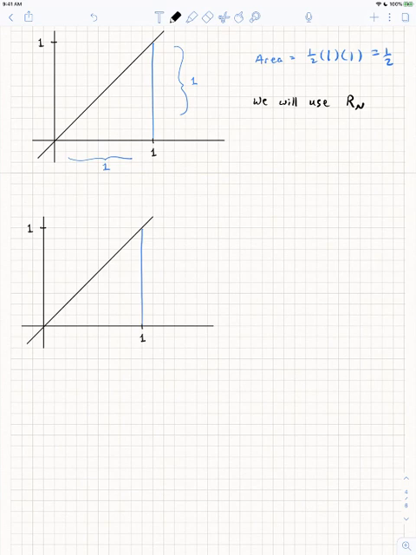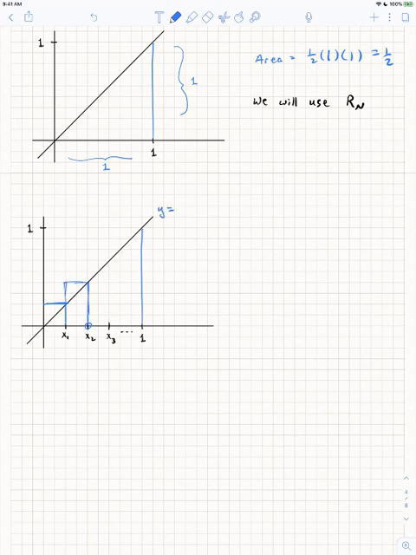So the idea is that will be x1, this will be x2, this will be x3, and so on. So if I'm using the right sum, then my first interval will go from 0 to x1, and we'll use the right endpoint to determine the height. Between x1 and x2, the right endpoint is x2, so again, that gives us the height.